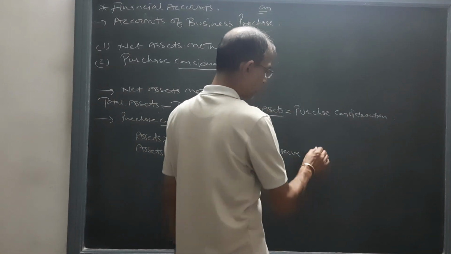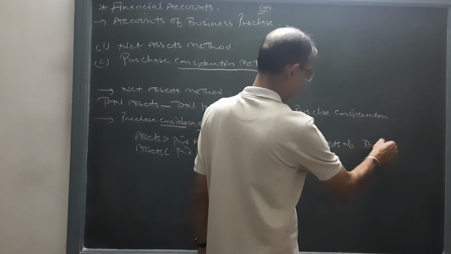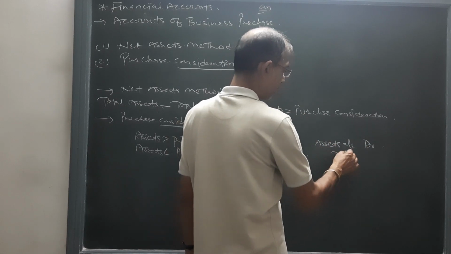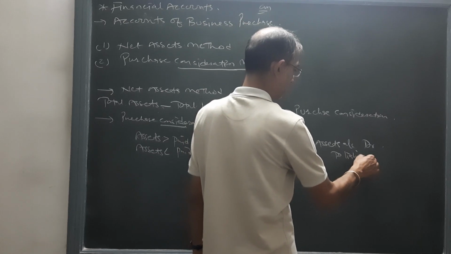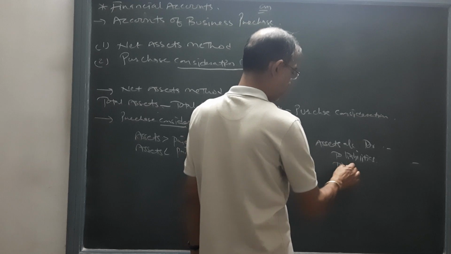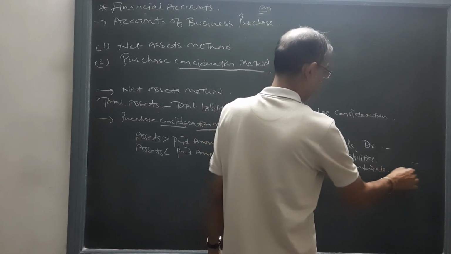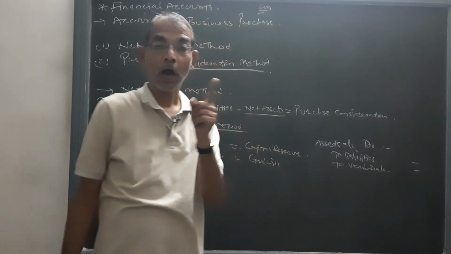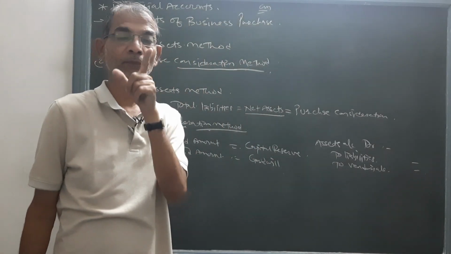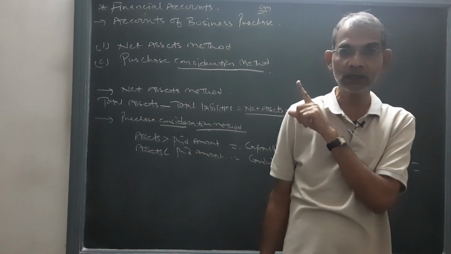Assets come in, that's why assets account will be debited and liabilities account will be credited, and the amount which is to be paid to purchase the business will be credited to vendors account.